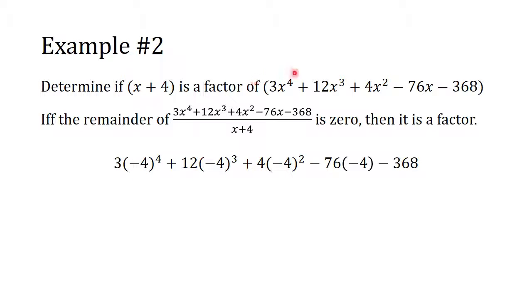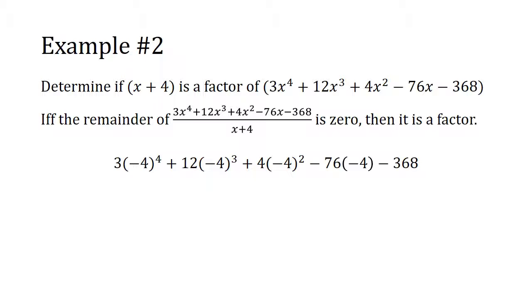So if we sub in, this is the function once again. If we sub in the negative 4 wherever we see x, we should get 0 if it's a factor. If it's not 0, it's not a factor, because if and only if.